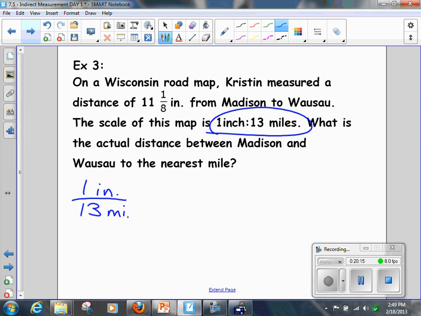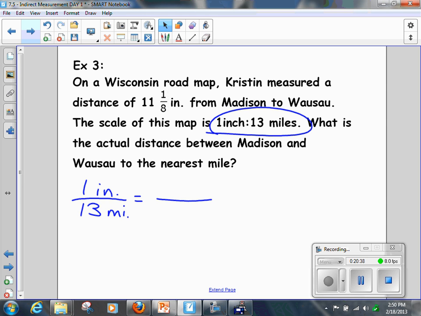I want to change it to a fraction because I like fractions. Fractions are our friends. What's the actual distance between Madison and Wausau to the nearest mile? What's the only other number I'm given? 11 1/8. Now, calculator. Get your calculator.